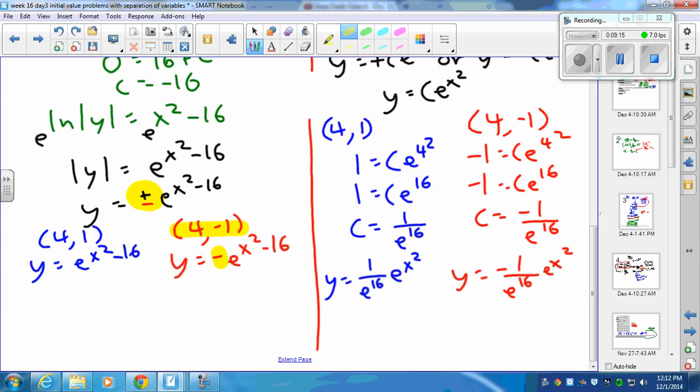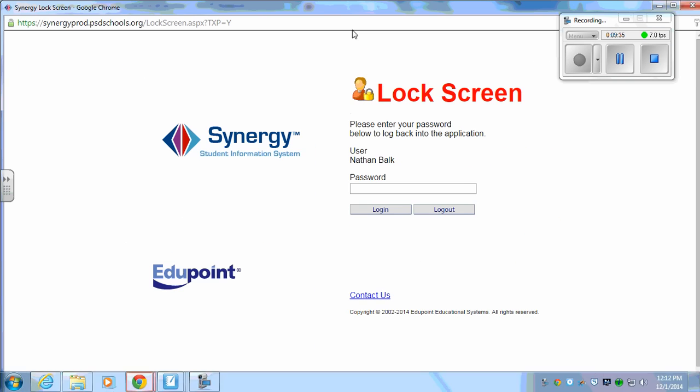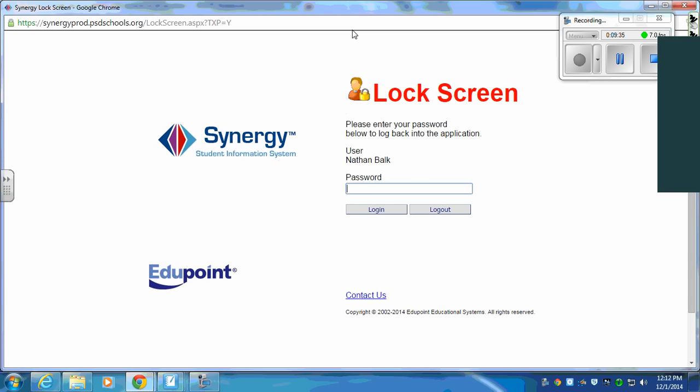I like getting the minus sign by physically plugging in negative 1, and it comes out all on its own. So that's why I like the right side better doing the fuzzy math, because that negative 1 pops out on its own.